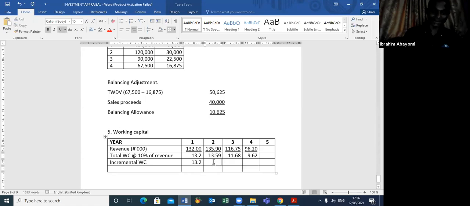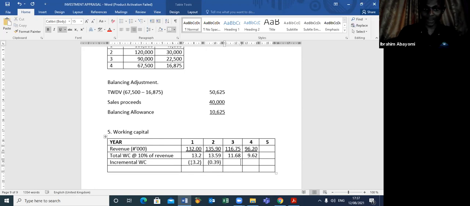What is the increment? 13.59 minus 13.2 is an increment of 0.39. Where it increases, it should be treated as an outflow. So I have 0.39.